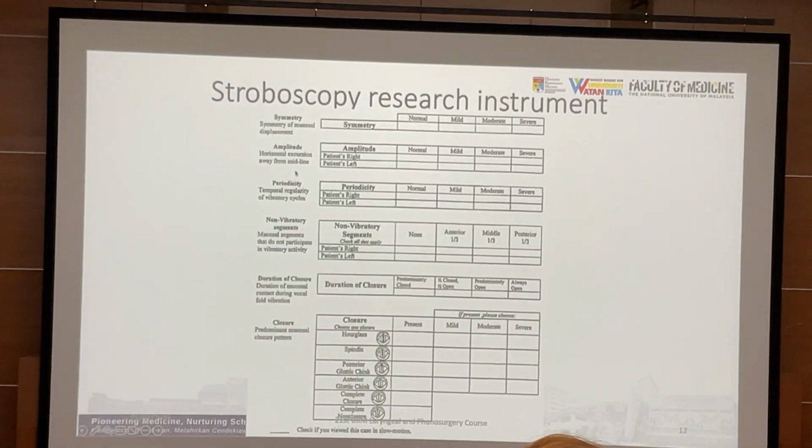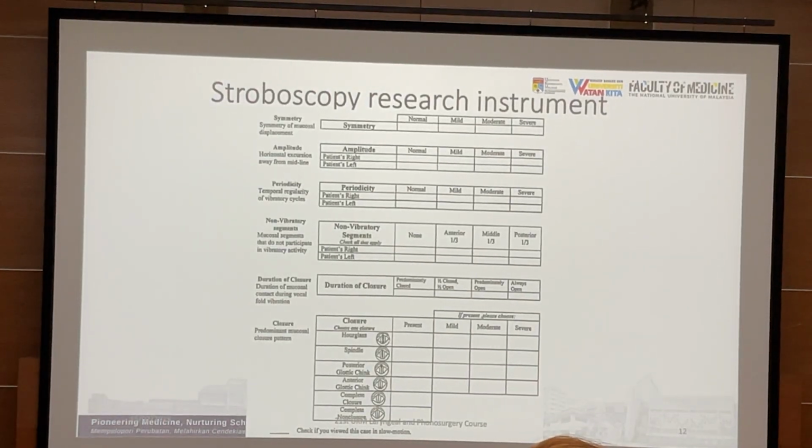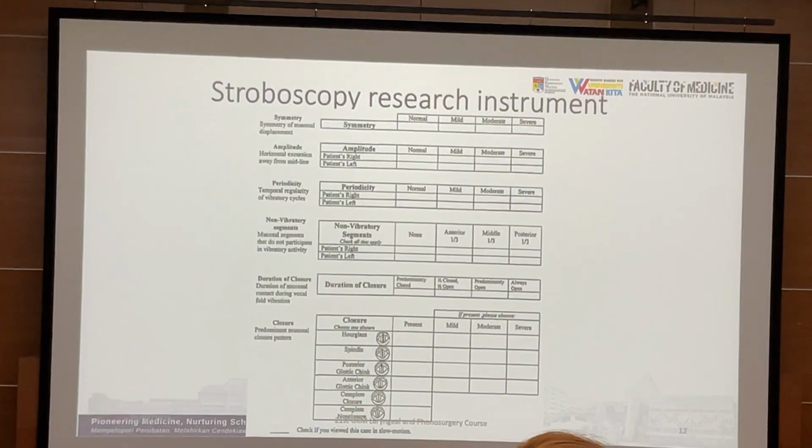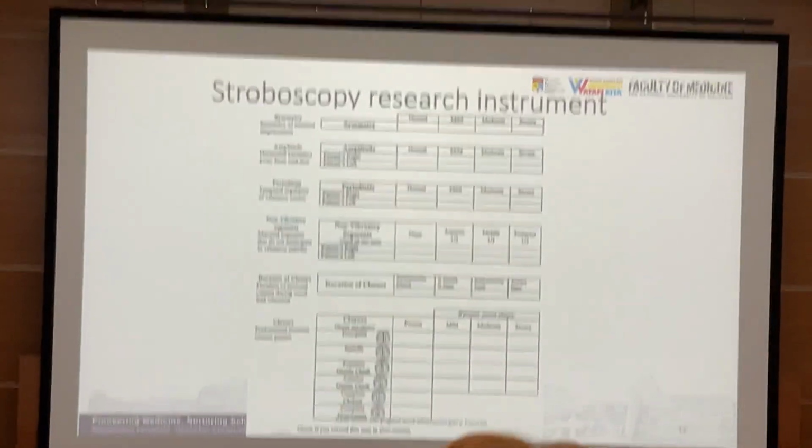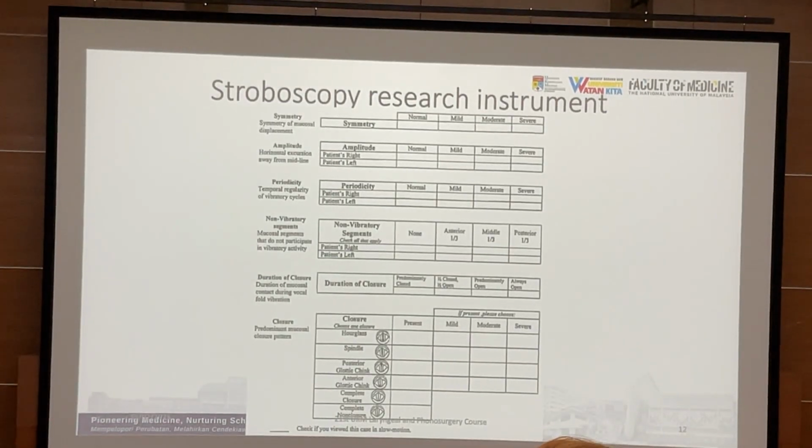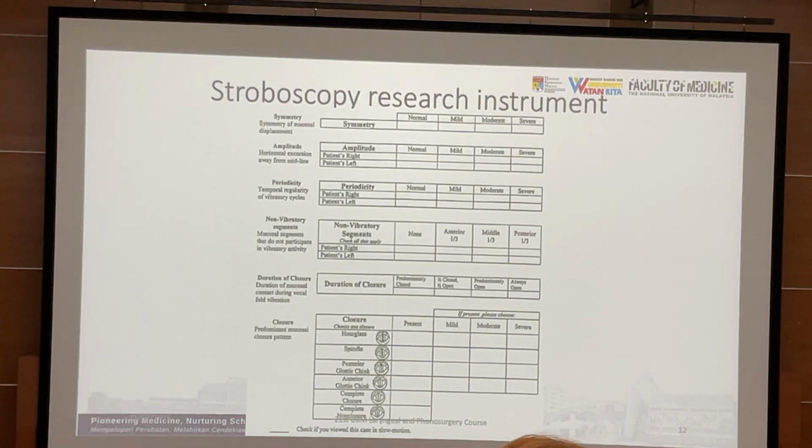Does it have a nice tempo? Tempo means tap, tap, tap, tap, tap. That is regular. But if something is jittery, it is not regular. It is not periodic. Then you look at the whole length of the vocal fold. Is there any part of the vocal fold that is not vibrating? Then you document it. And duration of closure.